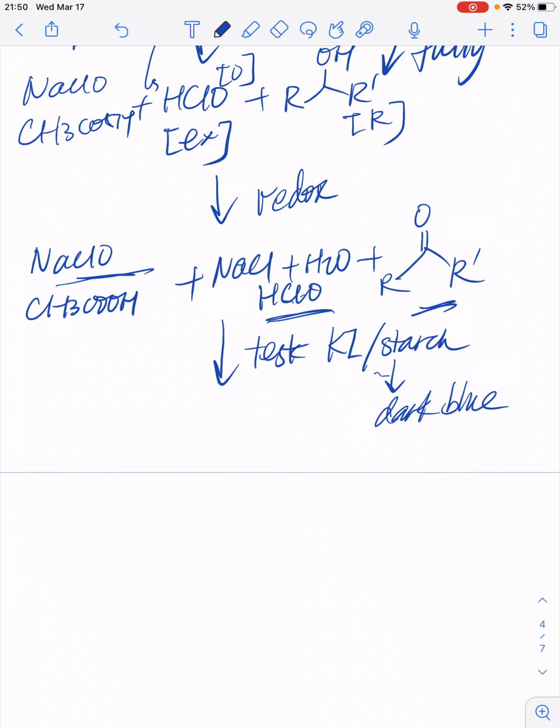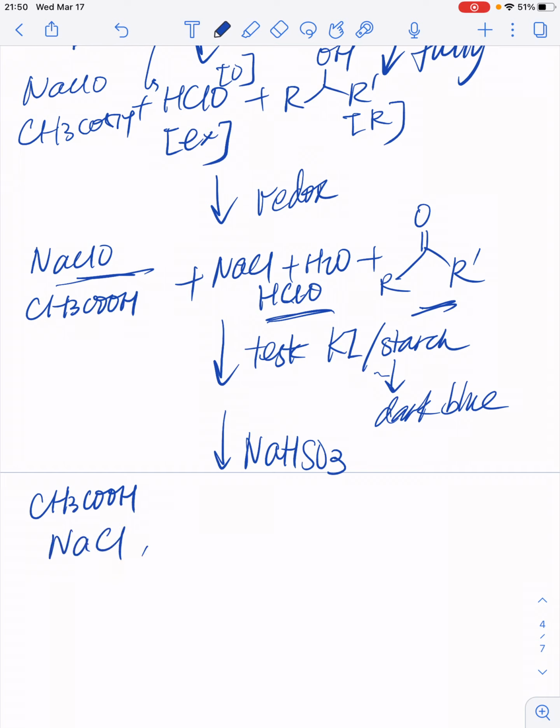And the next step will be adding sodium bisulfite to react with the excessive amount of sodium hypochlorite and hypochlorous acid, which will give us sodium chloride, sodium bisulfate, water, and again our product, which will remain in the solution.